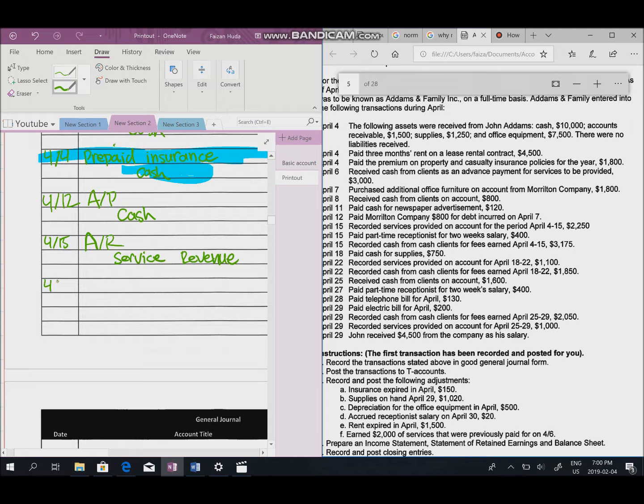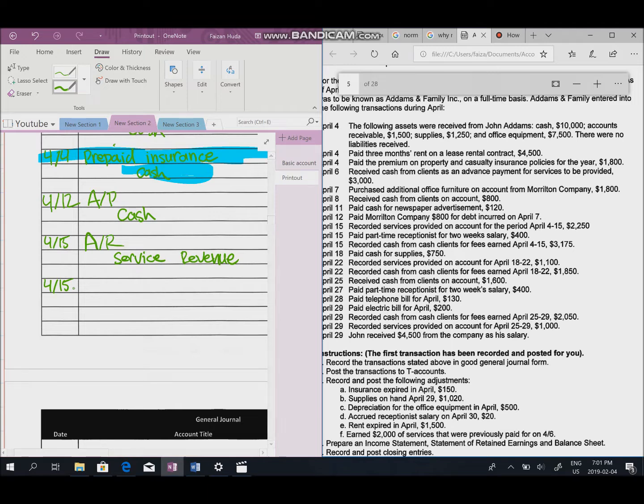So moving on to our next transaction, which is also April 15. So I'm going to write down my date, April 15. It says paid part-time receptionist for 2 weeks salary, $400. Keywords here are paid, part-time receptionist, and salary. Whenever you see salary or wage, it means it's an expense you have incurred.